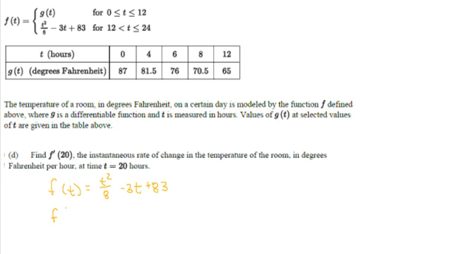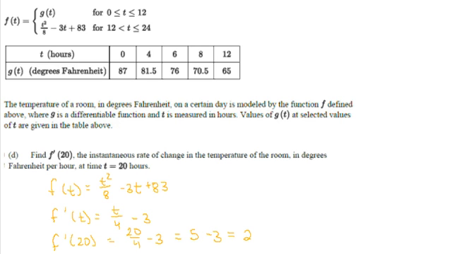And our derivative with respect to t, we've got t divided by 4 minus 3, our power rule in effect. So now our derivative at 20, to give us our instantaneous rate of change, is going to be 20 divided by 4 minus 3, which equals 5 minus 3, which equals 2.